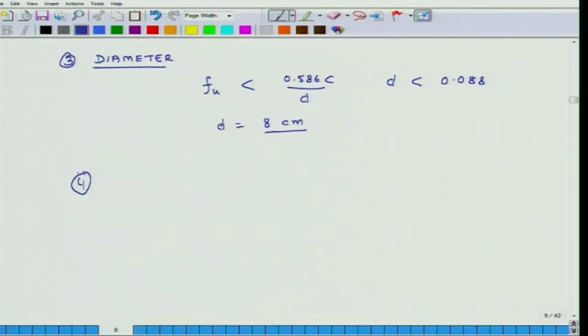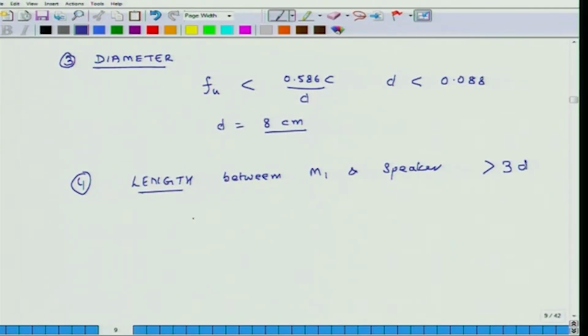And the fourth thing is that the length between M1 and speaker should be more than 3D.